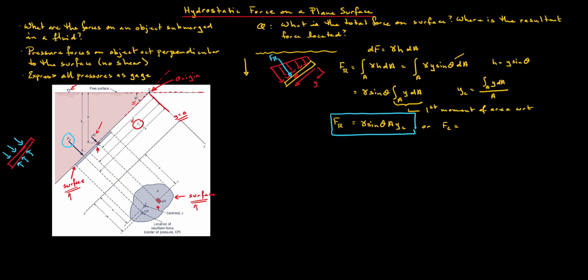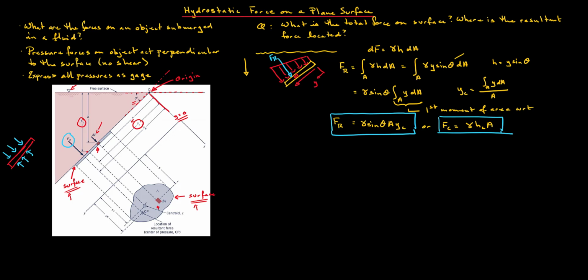So yc sine of theta will be equal to hc multiplied by A. And this hc is the depth below the surface where the location of the centroid is found.